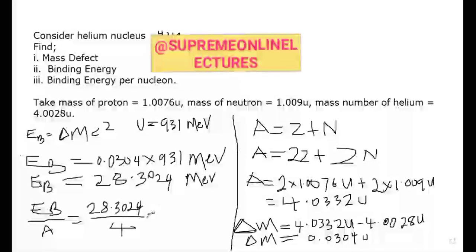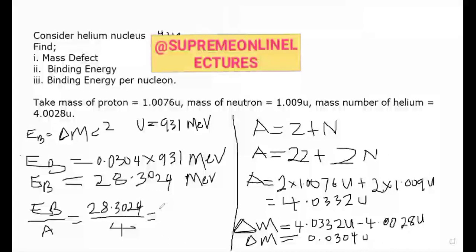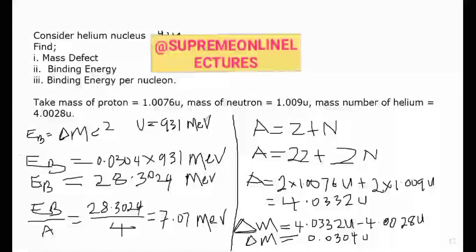That will give us 7.07 milli-electron volts. And this value tells us about the stability of that atom, the stability of that nucleus.